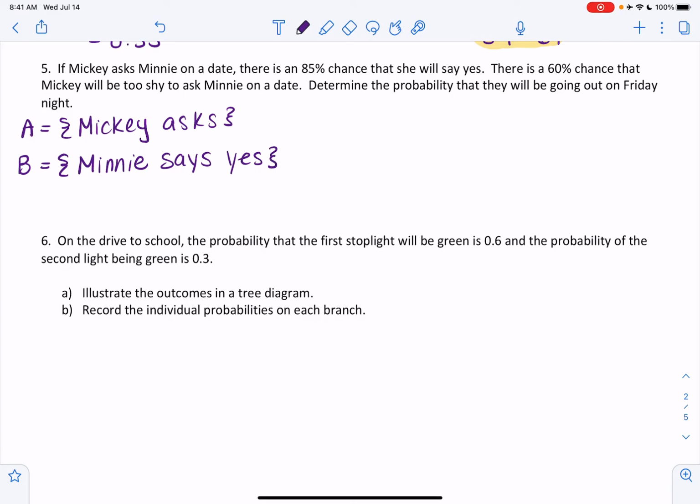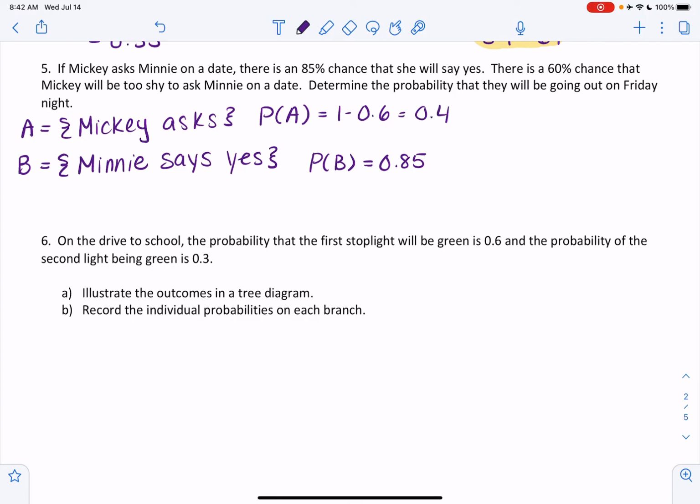So our probability of B, of Minnie saying yes, is 0.85. And our probability of Mickey asking is 1 minus 0.6, which is 0.4.